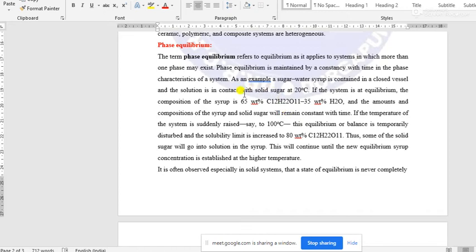At that particular temperature, at that particular point of time, the system will be in equilibrium condition, that is actually the phase equilibrium.